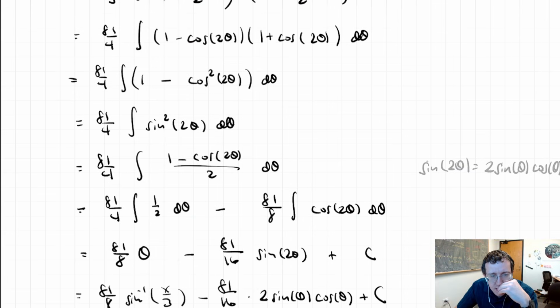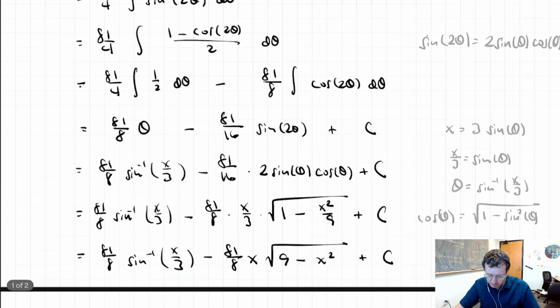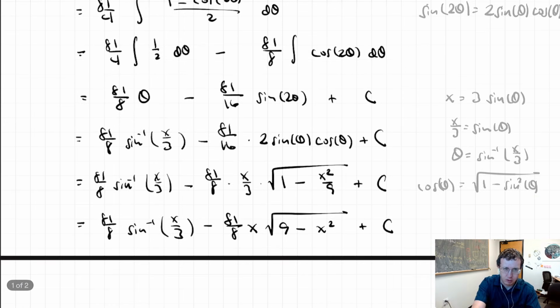Wolfram Alpha gives me a different answer, but that doesn't mean this is wrong, because a lot of times you can write things in different ways. I'm going to differentiate my answer and see if I get the thing that I started out with.